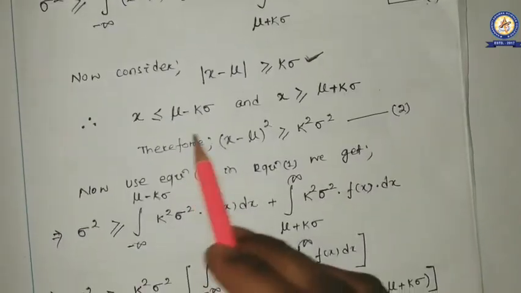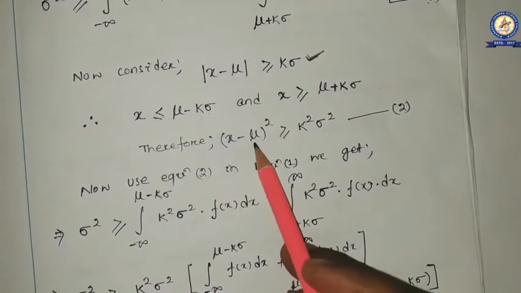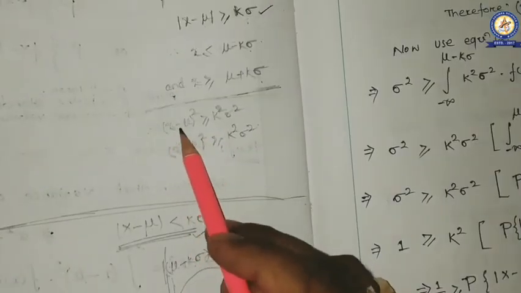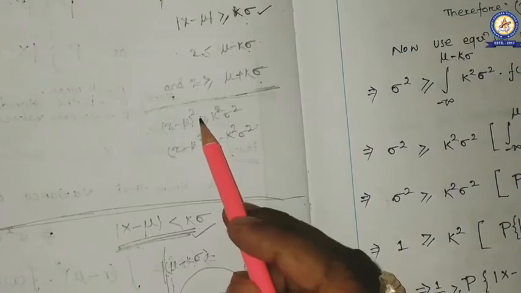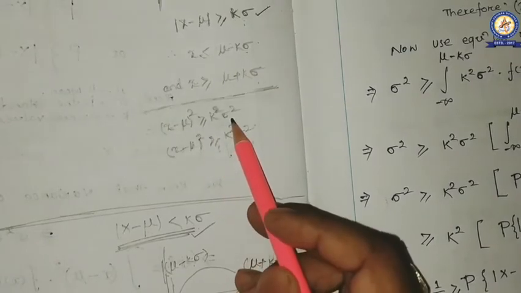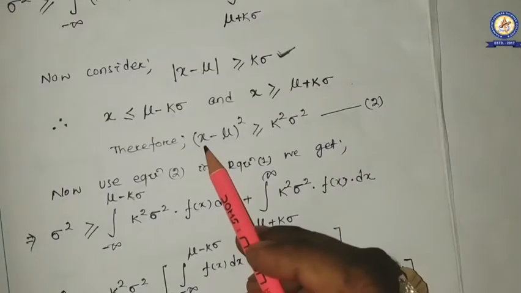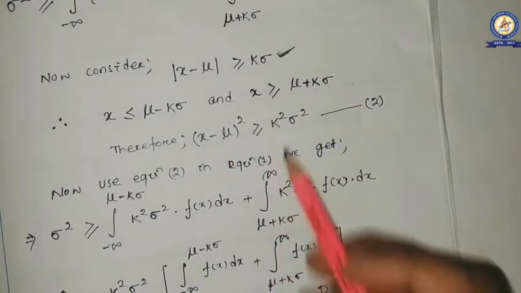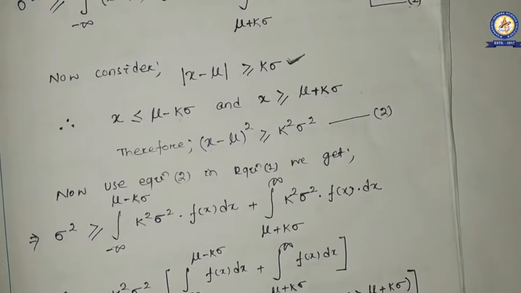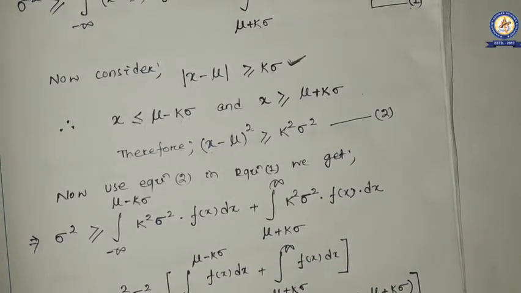Therefore, x minus mu whole square will always be greater than or equal to k square into sigma square. Let this be equation number 2.